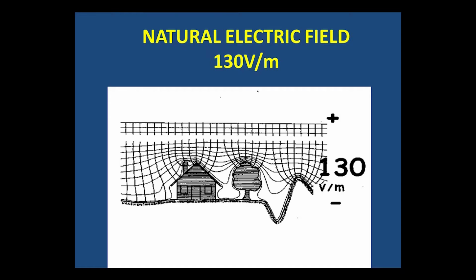Natural electric field is high, 130 volt per meter, and during evolution we have been protected by this electric field.